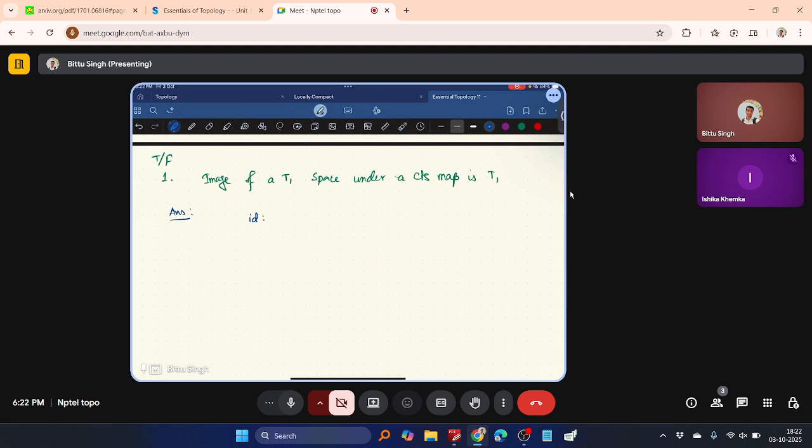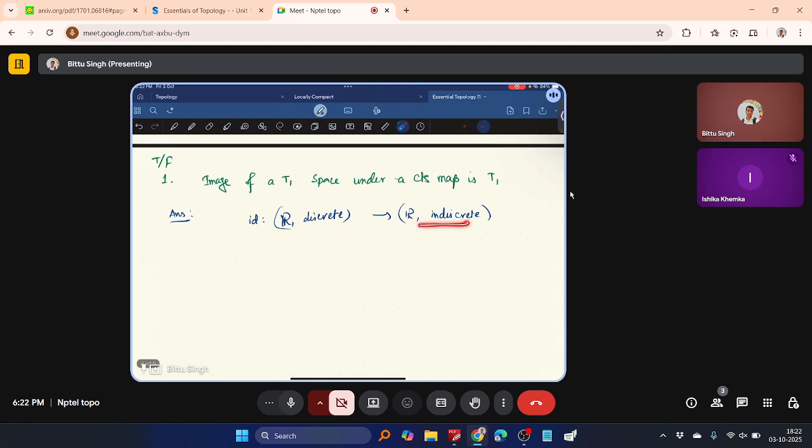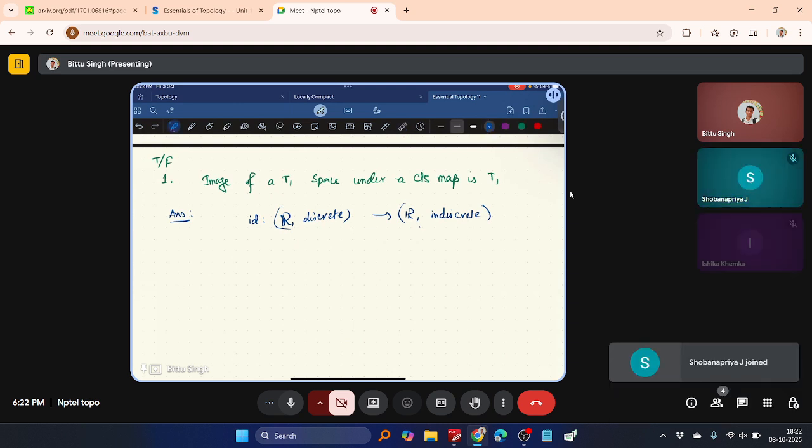Consider the identity map from R with discrete topology to R with indiscrete topology. It is continuous because the domain has the discrete topology, so the inverse image of any open set is also open in the discrete topology. Therefore this is continuous, and the image of the identity map is R.